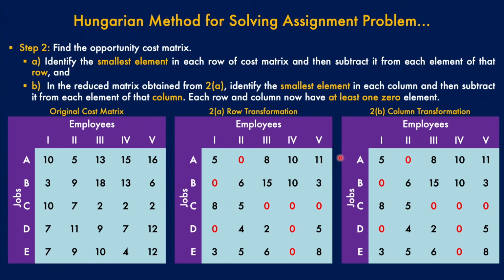In this case, all the columns already have at least one 0 at this time itself. So there won't be any change from this matrix to this matrix. There is no change between these two matrices.